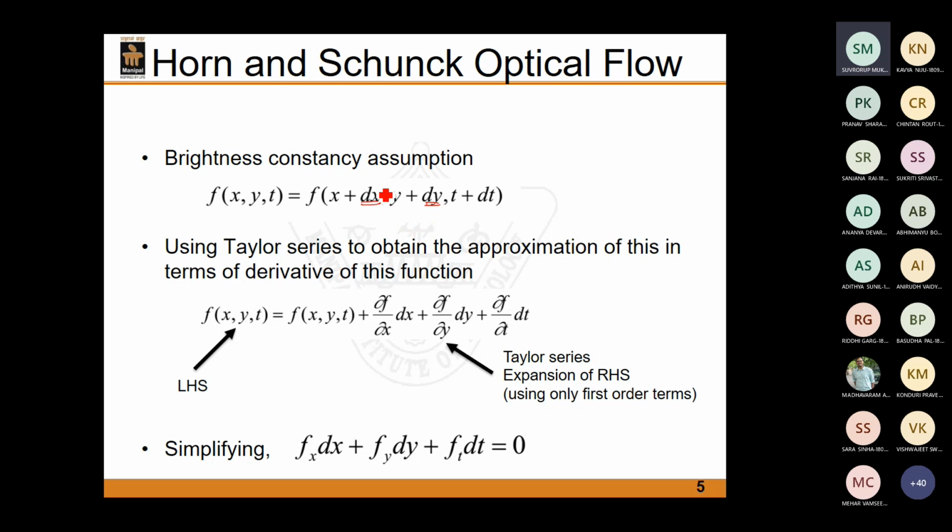That gives us the information regarding the displacement of the pixels, which is nothing but the optical flow. Now, in order to simplify this further and formulate it into a problem which can be solved, you apply the Taylor series expansion to get an approximation of the function.